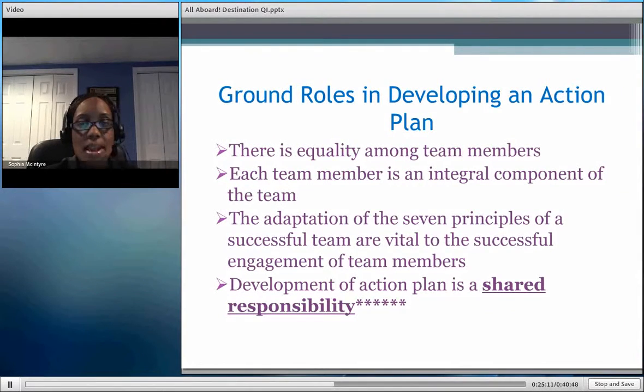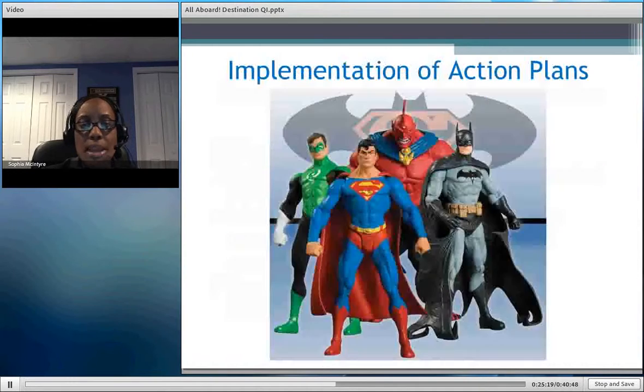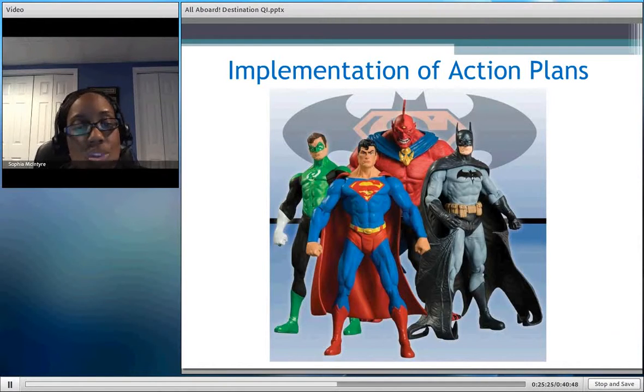It may be that your patients don't really understand where to go for their referrals. And that might be communicated via the front desk, because the front desk staff may notice that there are a lot of questions when patients are leaving the room. So it's important to really look at all aspects that may be contributing to the development of your action plan.